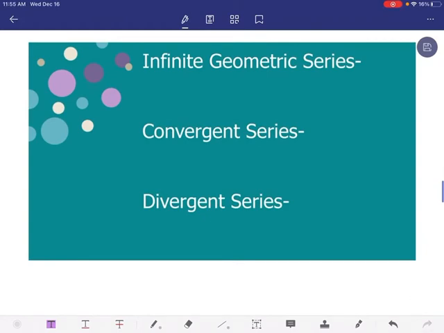Now, what's different about our geometric series is that we also can have an infinite geometric series. So an infinite geometric series means kind of what it sounds like.